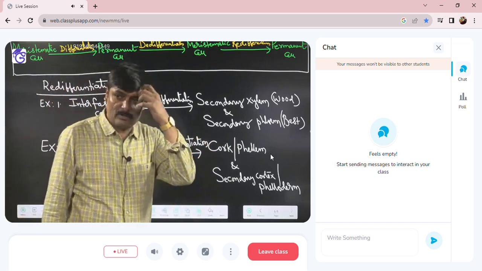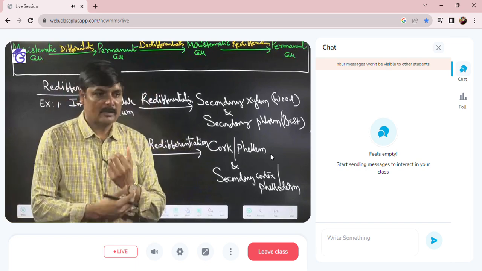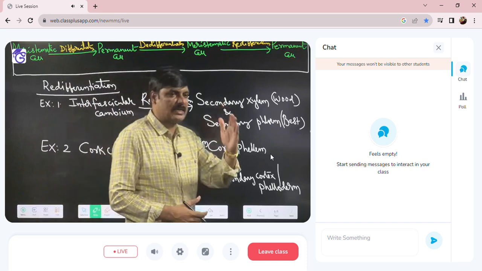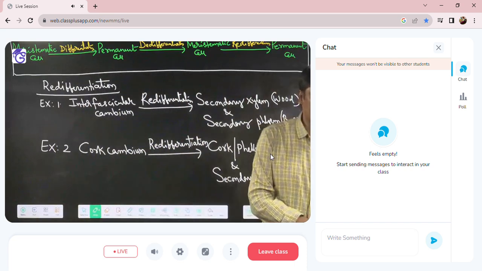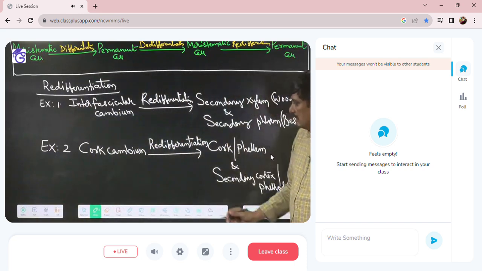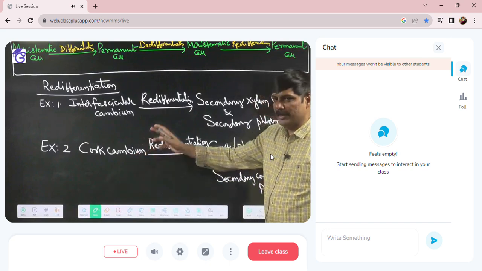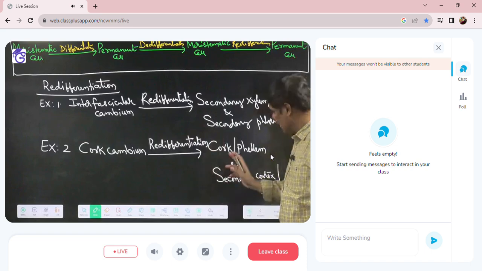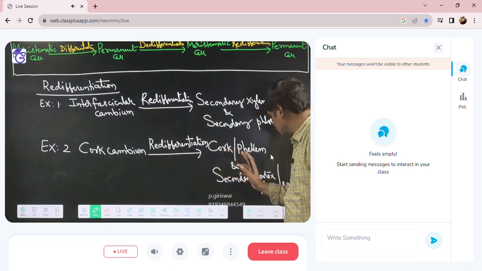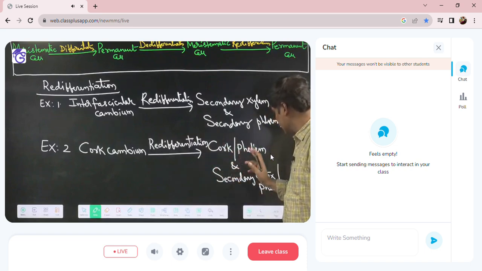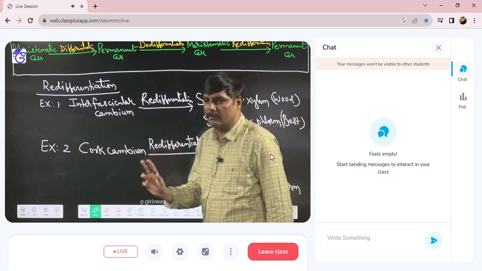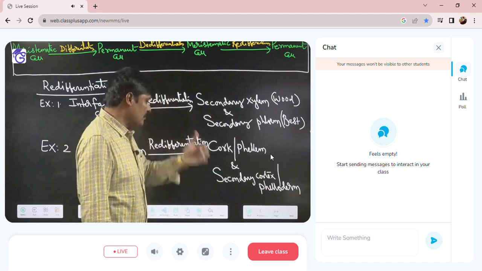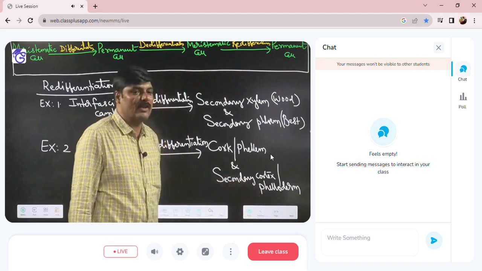Students, I think you are following right now. So formation of cork and secondary cortex are examples of redifferentiation, because cork cambium undergoes redifferentiation and forms cork or phellum, and secondary cortex or felloderm. Cork is also called phellum, secondary cortex is also called felloderm.